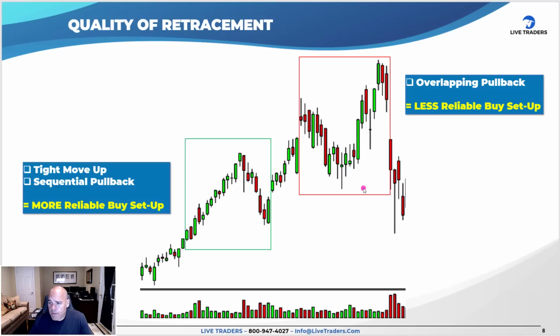Okay? What about the volume on the first pullback? What about the volume on the pullback? What about it? What's the concern, Xavier, that you have? I want to see some of this volume. You know why? Because if I see that level of volume and I see a red bar, what am I assuming? Anyone who wanted to sell it sold it.